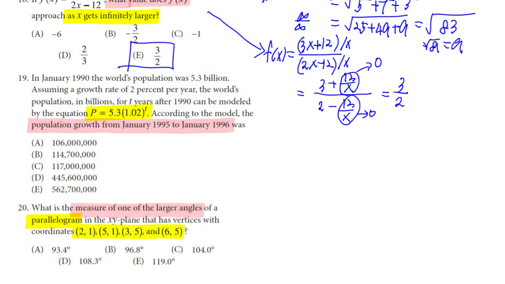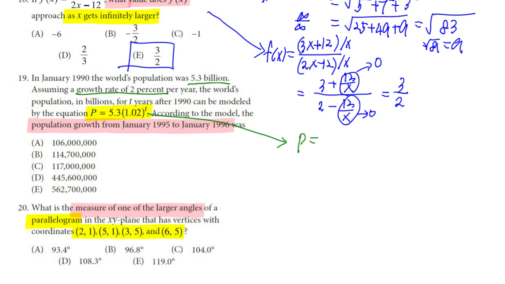In January of 1990, the world population was given here, 5.3 billion, and growth rate is 2% per year. They gave us the formula.